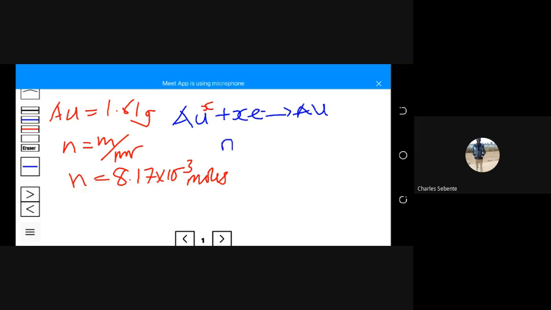So in short, we're going to have 8.17 times 10 to the negative 3 x as the number of moles of electrons.